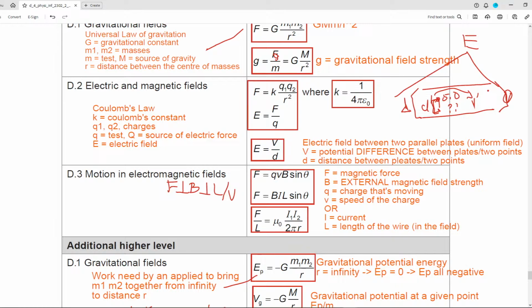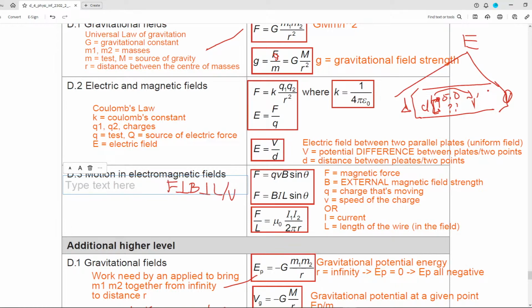The last one is not too related to the previous scenario. Here, if you have two wires right beside each other, both with current passing through them, then the average force per unit length on that wire is going to be this formula right here. So I'll write down the variables here.